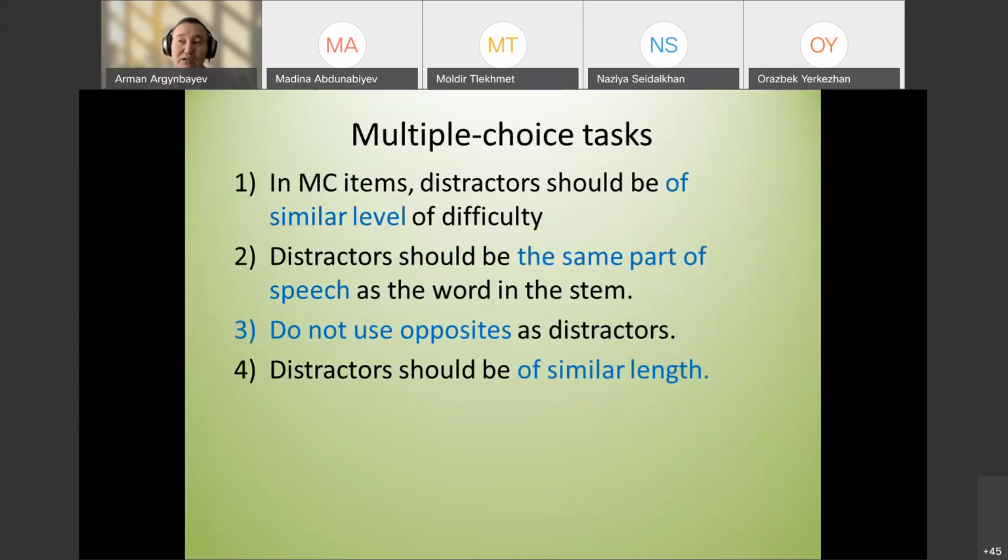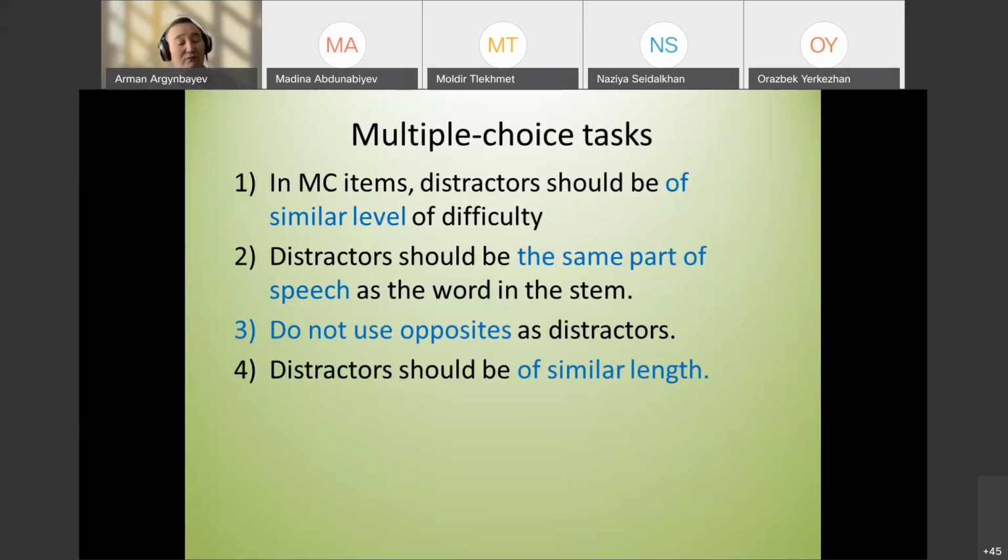So if the answer is a difficult, upper intermediate word, the wrong answers should be upper intermediate words as well. They should be the same part of speech. If the correct answer is an adjective, the wrong answers should be adjectives. Do not use opposites, never.